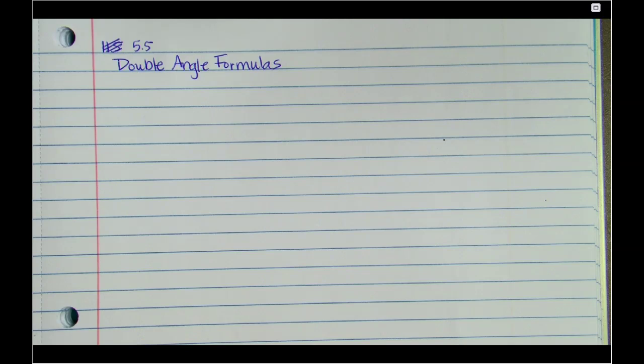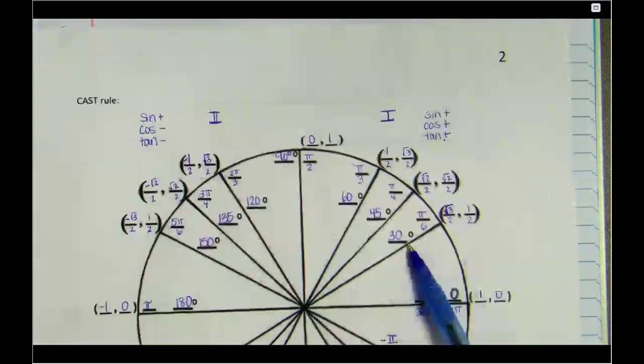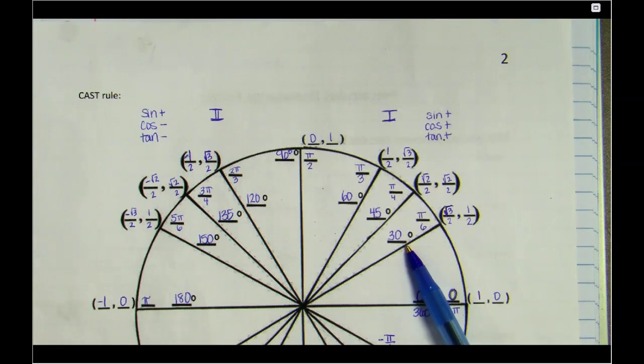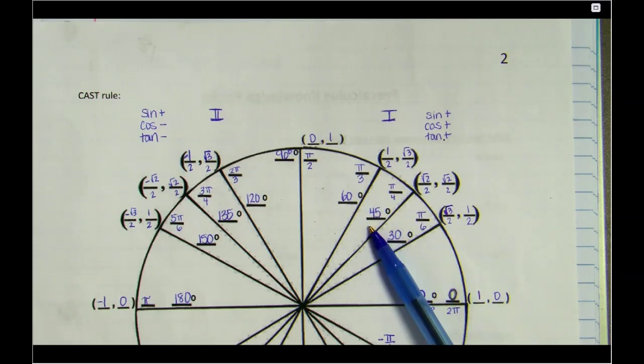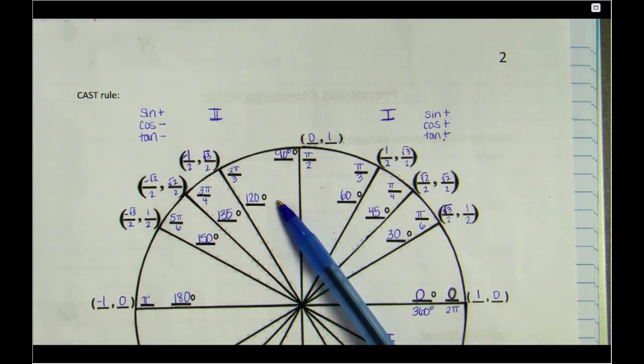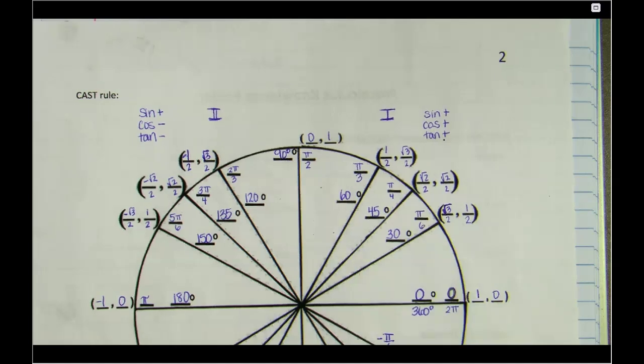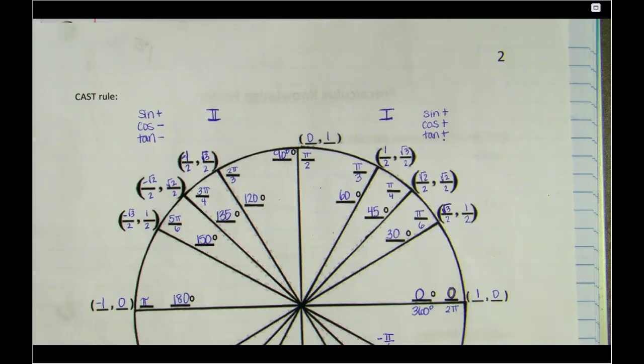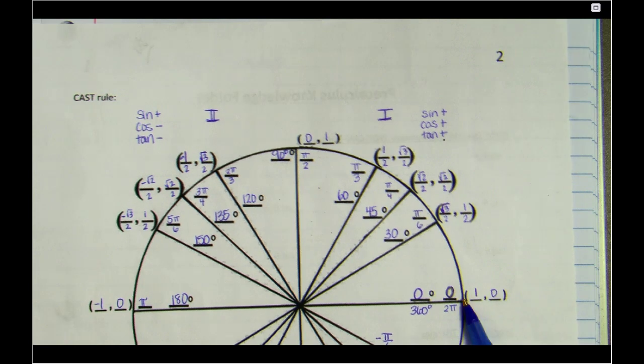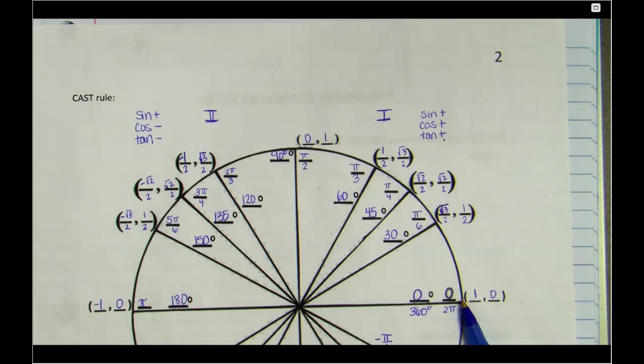We don't use this with the circle though. Let me tell you why. Like 30 degrees, I could find as a double angle. But what's double of 30? 60. What's double of 45? 90. So we don't use the circle for this because everything that we would want to double is already on here.